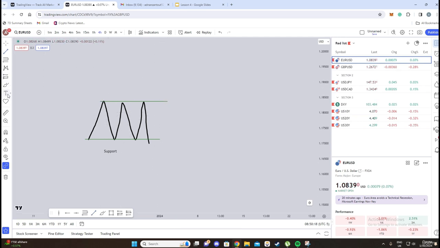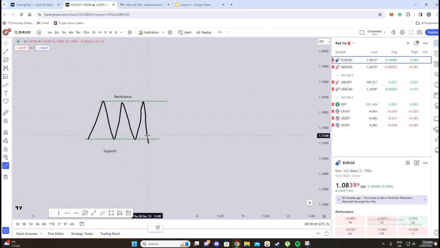So write it here real quick. Resistance. And the reason it's called resistance is because it's acting as a level which resists price from trading higher. So support, price came back down to this level, traded back up to the resistance, back down to the support, back up to the resistance.